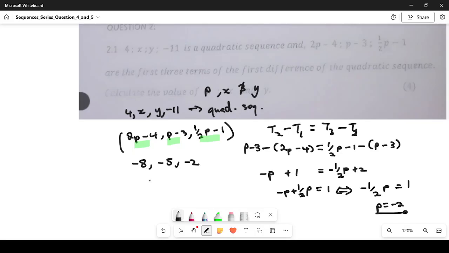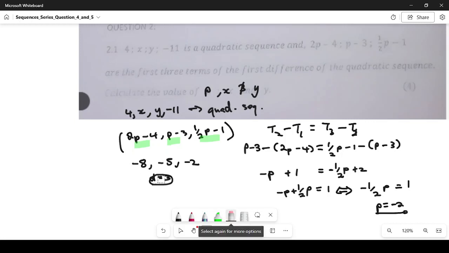And you can even double check whether really the common difference in these terms is consistent. However, I will not do that, but the difference is just the positive 3. You can double check that on your own. So really, the first three terms of the first difference of this quadratic number pattern is given by negative 8, negative 5, and negative 2, right?